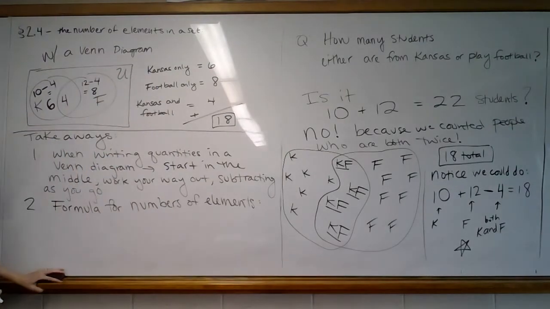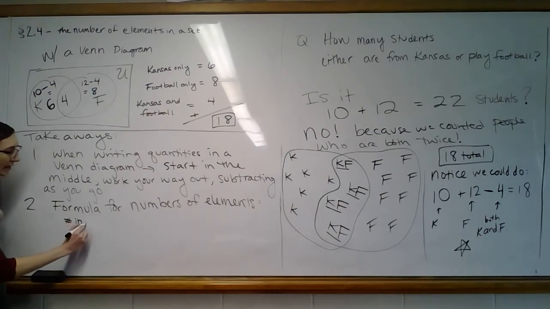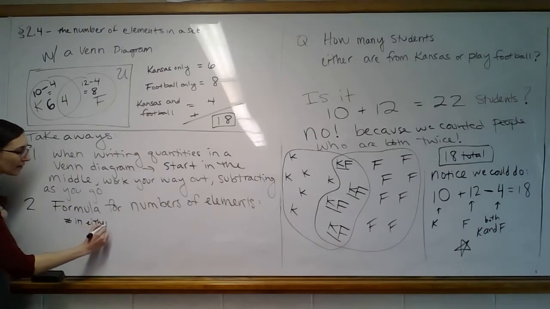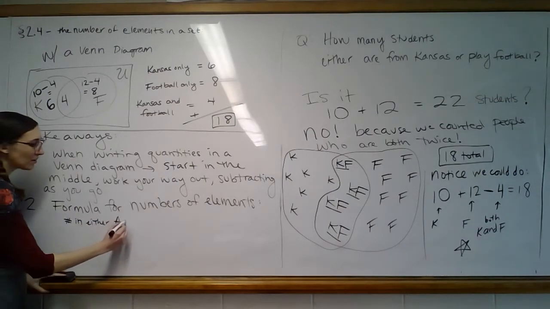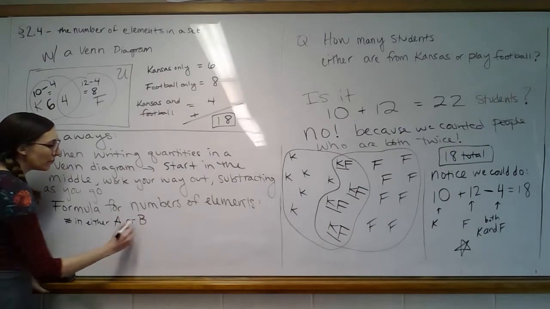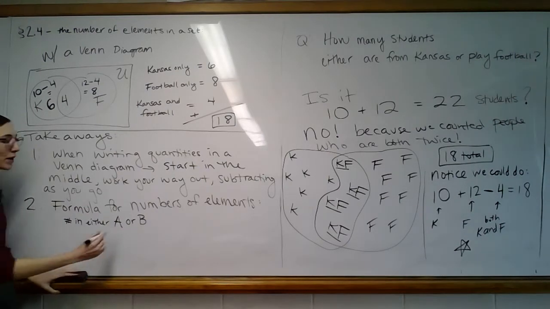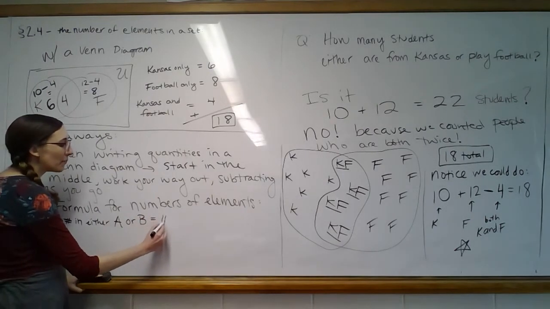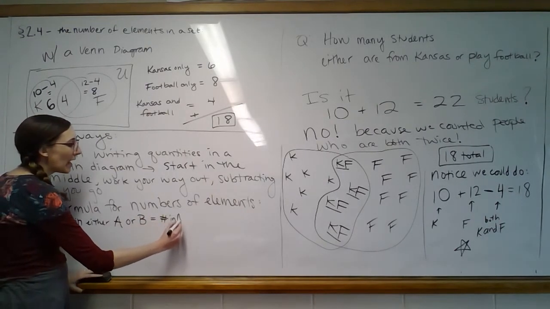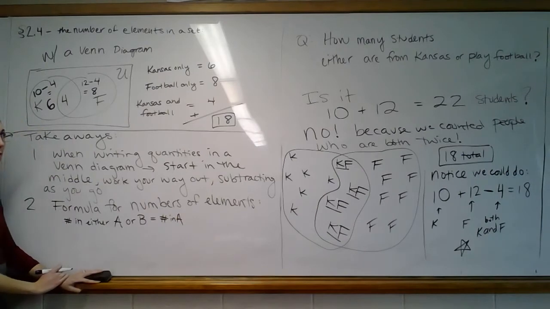So what we saw over there is that, remember, we were looking for the number in either A or B. That's like the number in Kansas or football. The way we found it was we took the number in A, the number of people over there was like the number in Kansas.